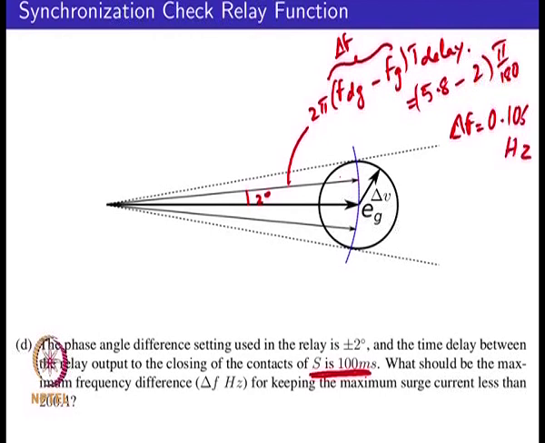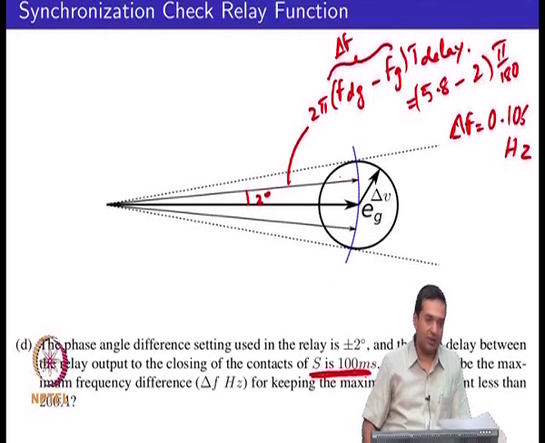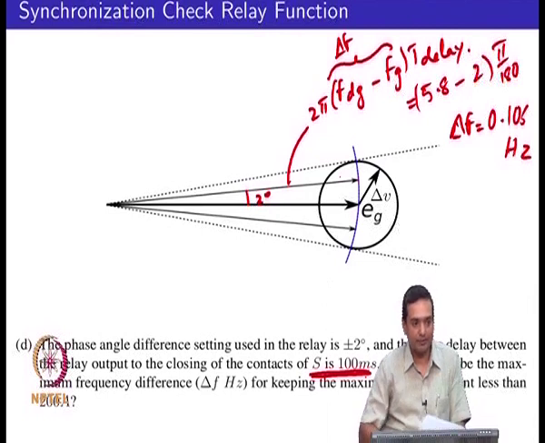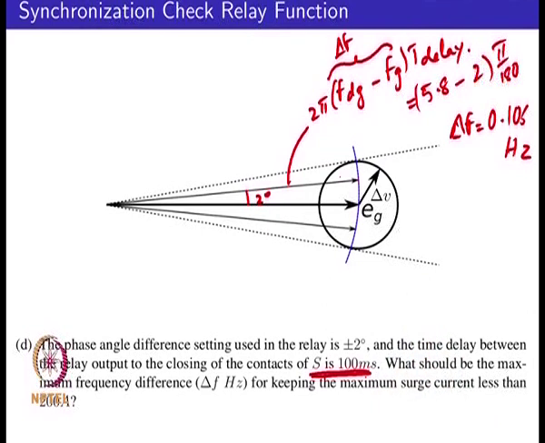If your grid voltage is at 50 hertz, you want to ensure that your DG voltage is in the range of 49.9 hertz to 50.1 hertz, to ensure that the surge current during closing will not exceed 200 amps, under the condition that you are closing at an angle of 2 degrees rather than 5 degrees.